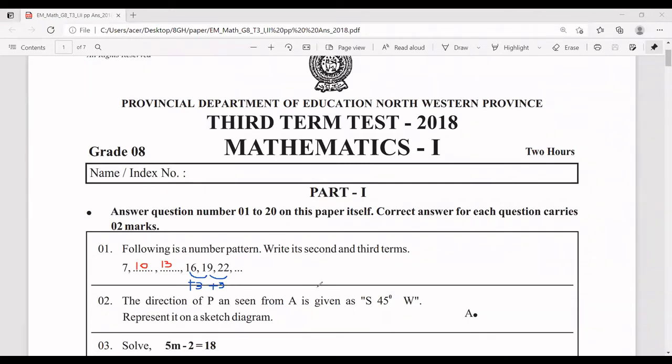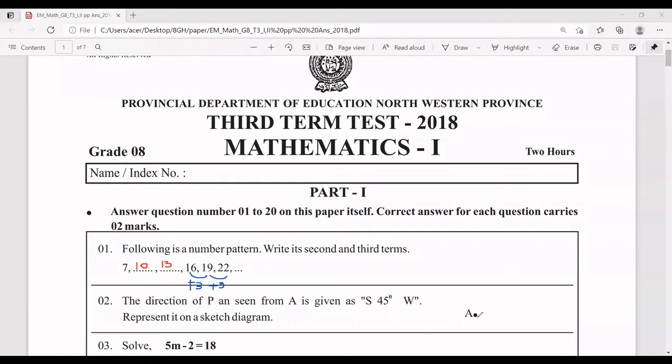Then second question, the direction of P seen from A is given as S45W. Represent it on a sketch diagram. Okay. S45W.